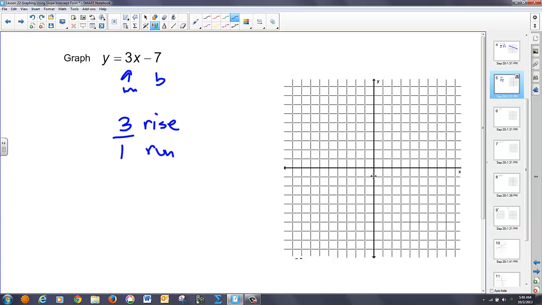So from -7, 1, 2, 3, 4, 5, 6, 7, put a dot, and then I move up 3 and to the right 1, up 3 to the right 1, connect the dots, and there's our line.